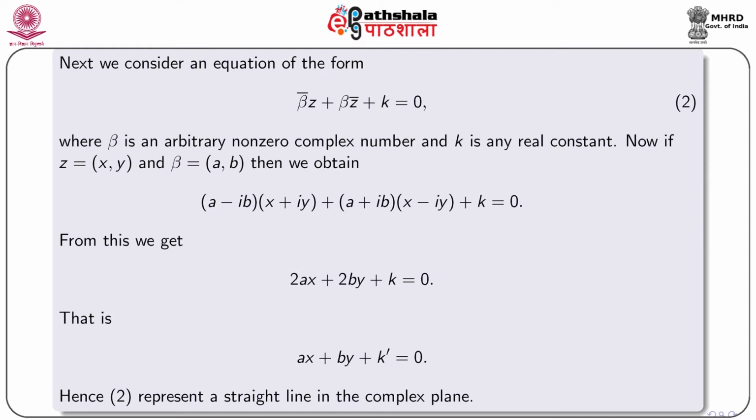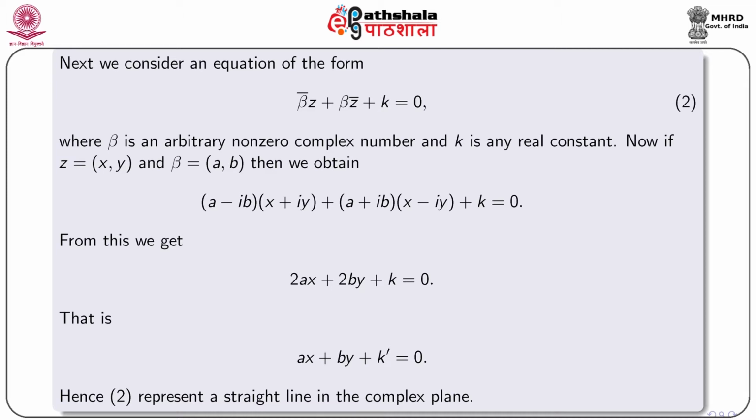Next, we consider an equation of the form beta bar z plus beta into z bar plus k equal to 0, where beta is an arbitrary non-zero complex number and k is any real constant.